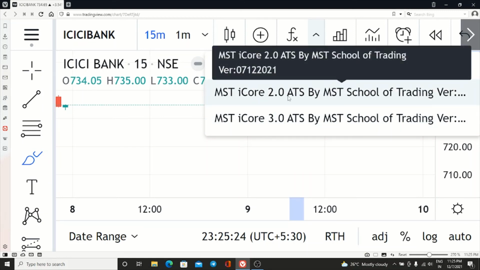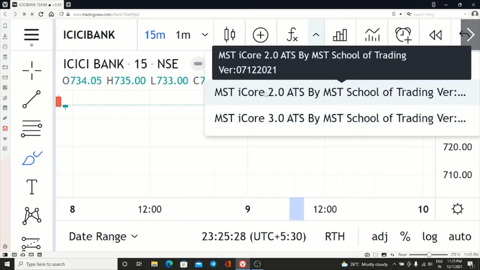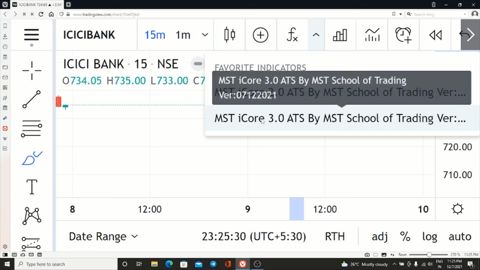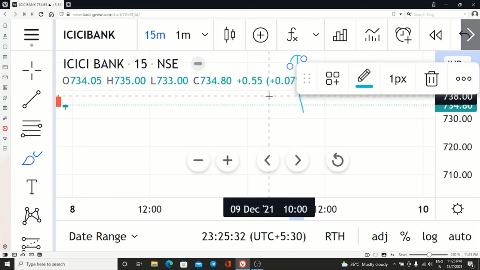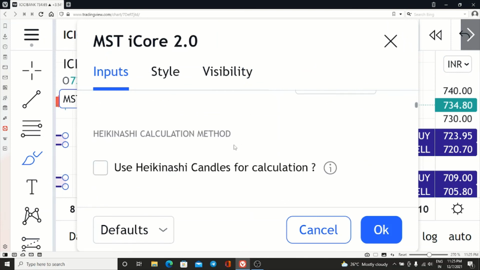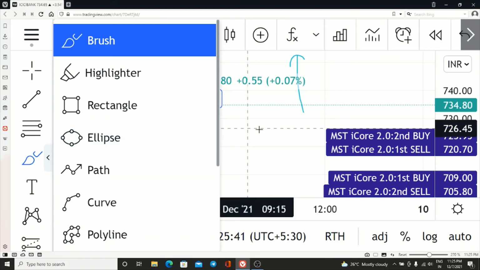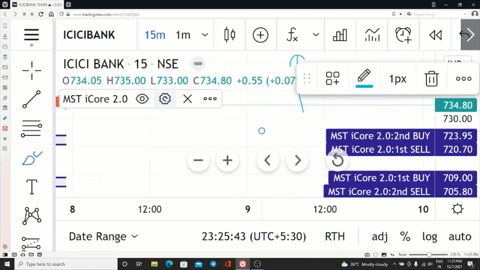So we have two types. One is 2.0, another one is 3.0. The difference between 2.0 and 3.0 is that in 2.0 there will be separate SL. See here, here I have given SL separately.